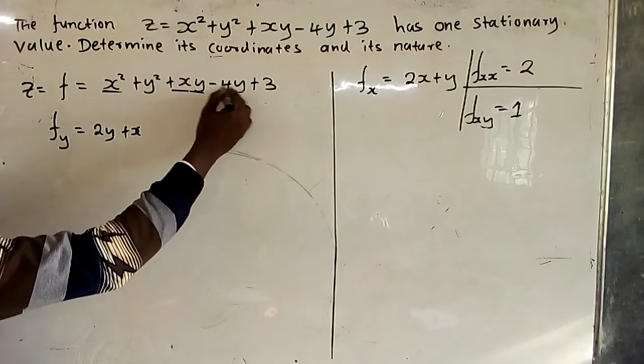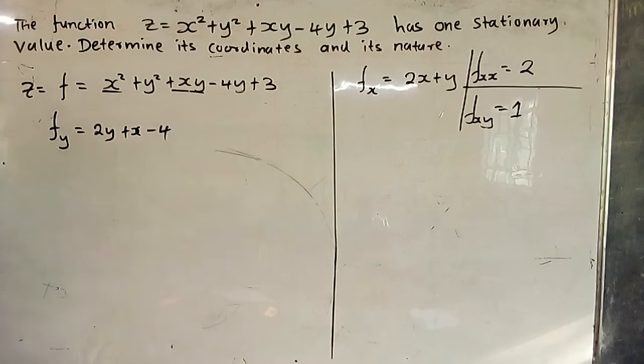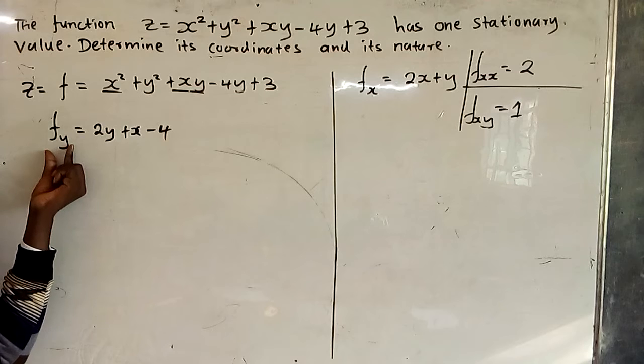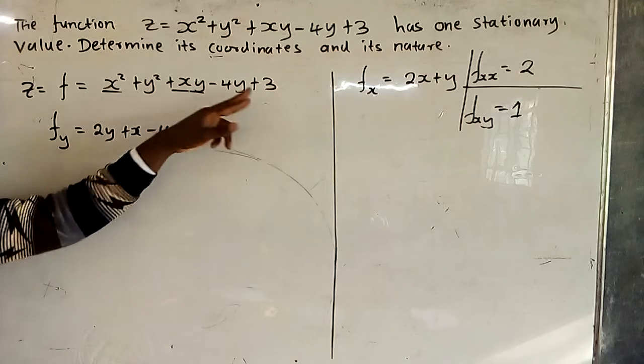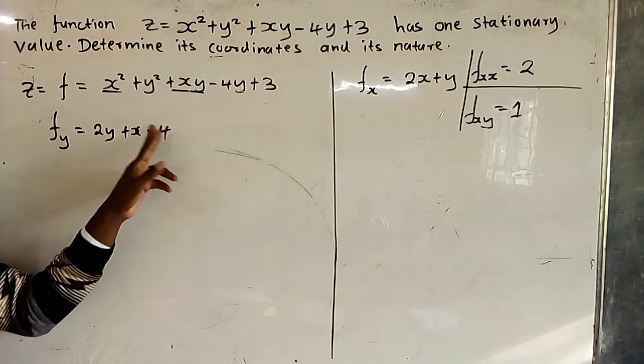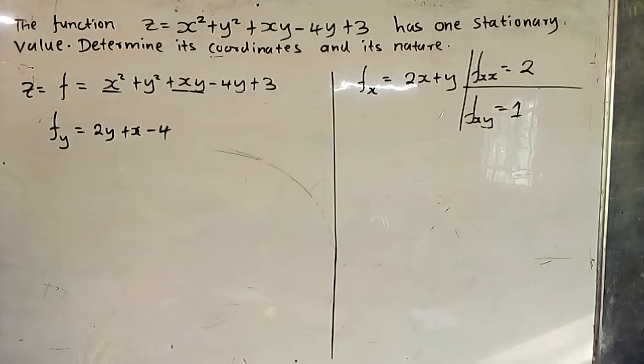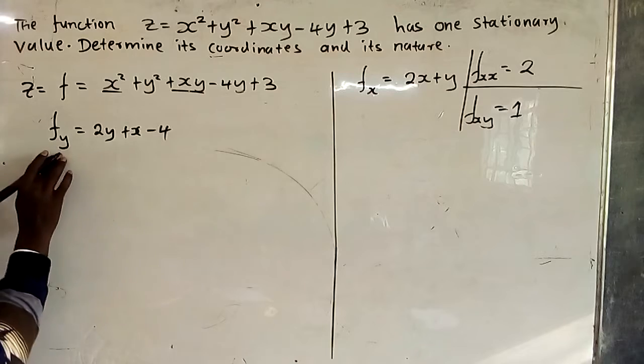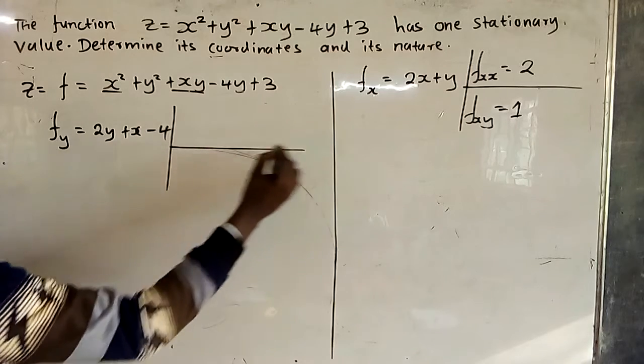If you differentiate negative 4y partially with respect to y, you get negative 4, because with respect to y, only y is a variable. Okay? If you differentiate 3, you get 0. If you differentiate a constant, you get 0. Are we together? Now this partially with respect to y is now going to give us 2y plus x minus 4.